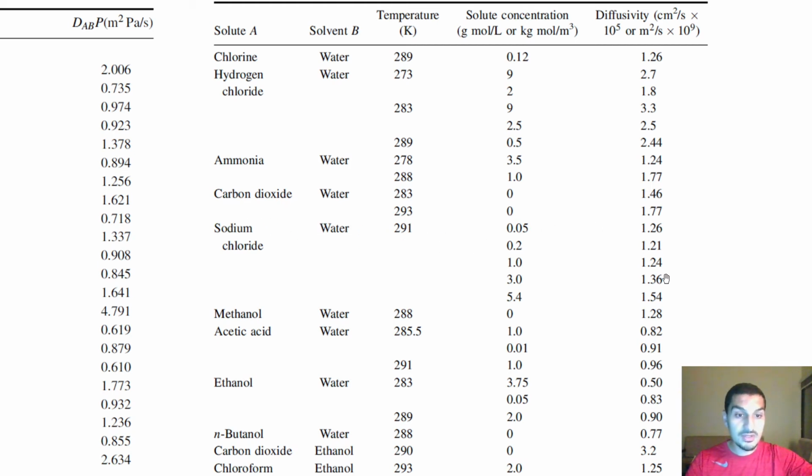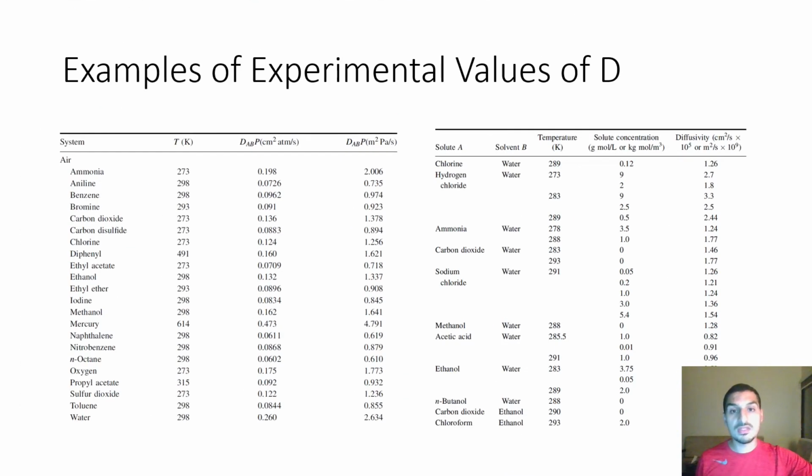We have many values for diffusion coefficient which correspond to many values of the solute concentration. So if the solute is diffusing with different initial concentrations, then the diffusion coefficient is different. So again, this table is telling us a lot about the factors that affect the diffusion coefficient, like temperature, like the concentration, like the solvent itself.